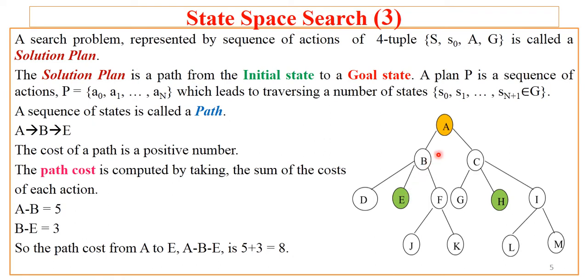Now a path may also have a cost. The overall path cost is nothing but the sum of the cost of each action. For example, the action from A to B costs 5 units, the action from B to E costs 3 units. So the overall cost from A to E will be 5 plus 3, that is 8 units.